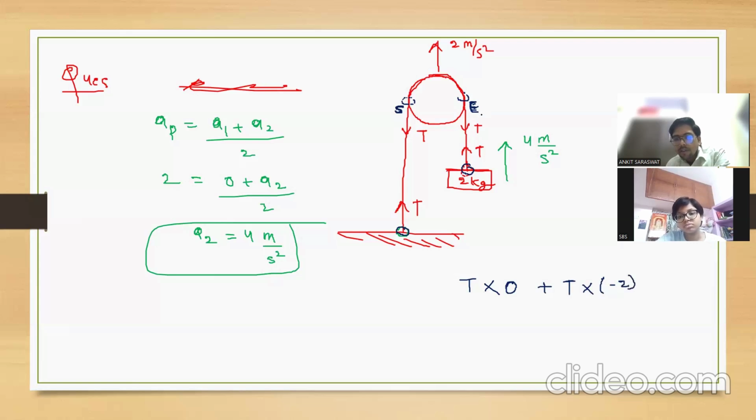Okay, similarly here, plus T minus 2, here T into 4 equal to 0. But you don't know, na, here 4 I just found. You can take a2. Then T cancels, a2 will be 4.